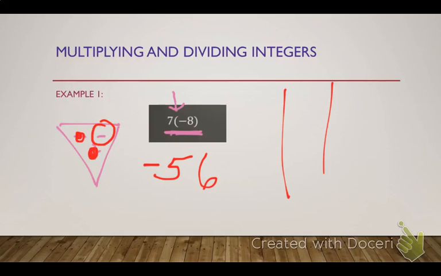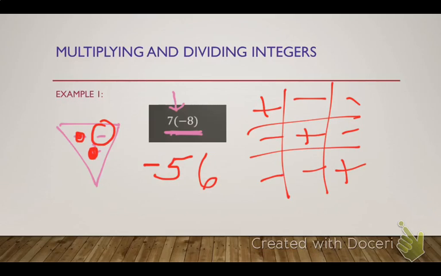Now, if I was going to use the tic-tac-toe chart that I made, it would look like this. Okay? We know that we have a positive 7 and a negative 8. So let's find the positive right here. We have positive 7 and we have negative 8. So we're going to read it this direction. So what it means is a positive times a negative equals a negative, which is what we have, negative 56.